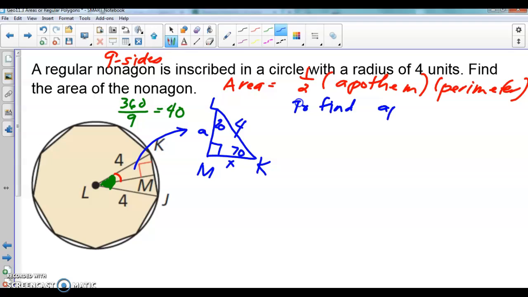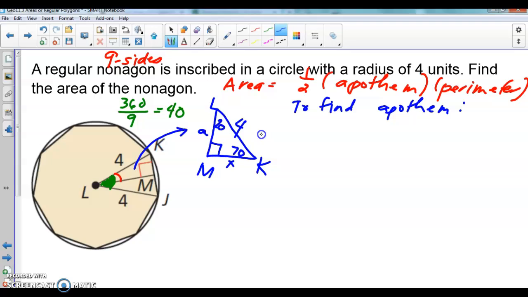To find the apothem, we're going to use one of your trig ratios, right? You can use either sine or cosine. If you use cosine, it's adjacent over hypotenuse. Or if you want to use sine, it's opposite over hypotenuse.